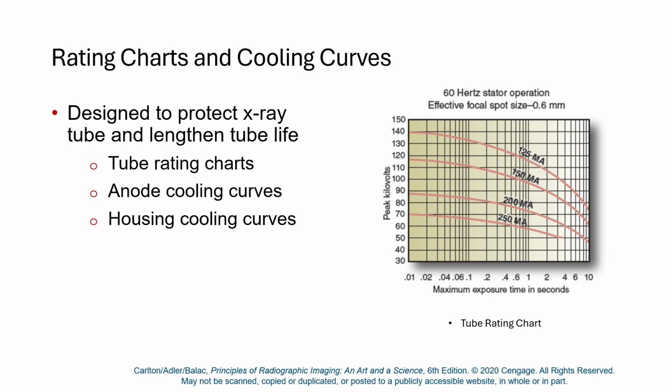Now, a tube rating chart looks very, very different than an anode cooling curve. And now the anode cooling curve and the housing cooling curve will look the same. And that's because they're both entropy curves. They're both heat loss curves. So if you have a system like the inside of an X-ray tube and you have a hot object like an anode, entropy says that that system will tend toward disorder.